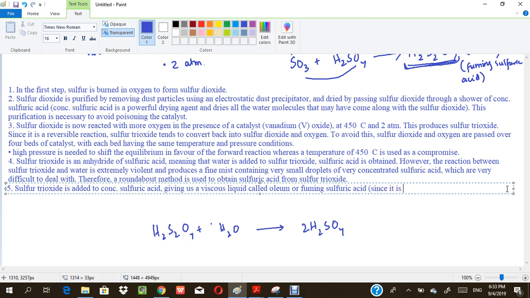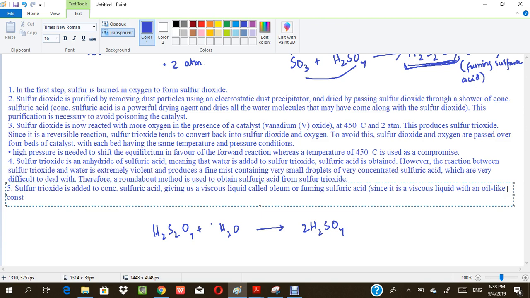Since it is a viscous liquid with an oil-like consistency, it is also called oil of vitriol, with vitriol being Latin or something for sulfur.